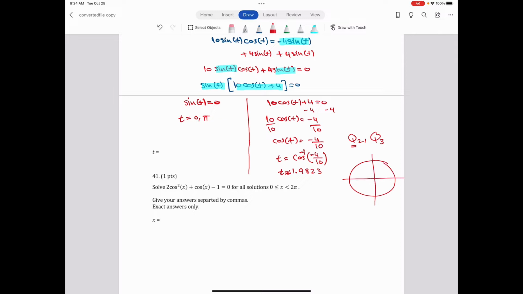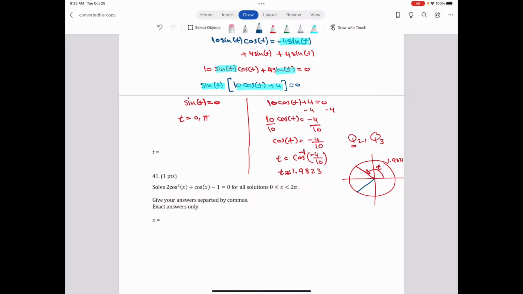Now I'm going to find the other one. Because the inverse cosine is going to give me a unique answer, I have to find the other answer manually. The first angle I found is approximately here, which means all of this is the t that I found, 1.9823. Now, I want to find the other angle in the third quadrant, which is this angle right here.